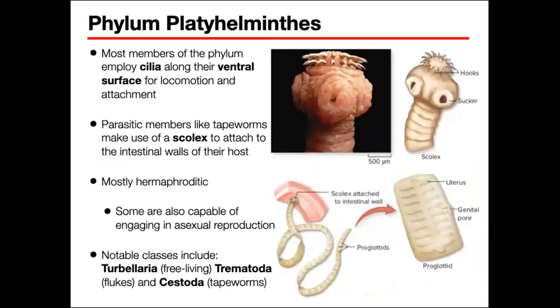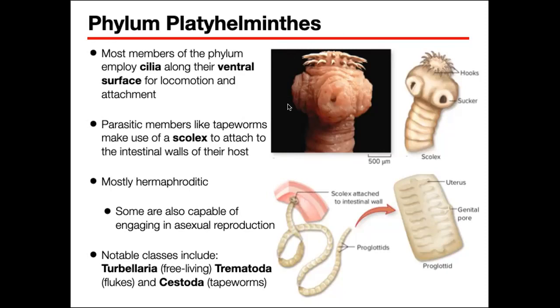And in members of this phylum, some of them would have yung cilia, no, along the ventral side or yung part ng organism na that's facing the substrate that's used both for locomotion and attachment. And say for example, yung tapeworms that's found in the intestinal lumen of human, meron siya nung scolex.